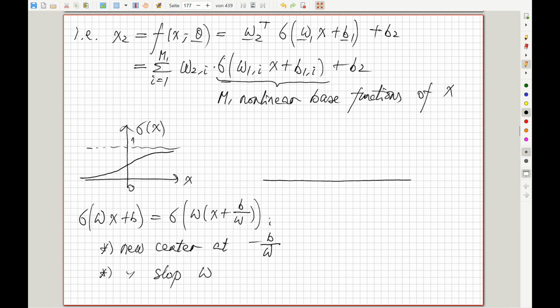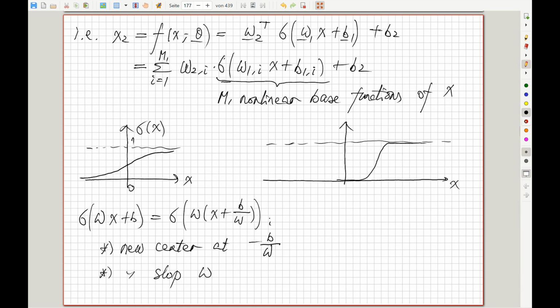Now I can make a drawing of all these nonlinear activation functions. Remember, all the weight parameters W and b are learned. They can take any possible values. For example, for the first neuron, the sigma activation function is shifted to the right-hand side and multiplied with a number larger than 1, so we have a very steep sigma activation function.